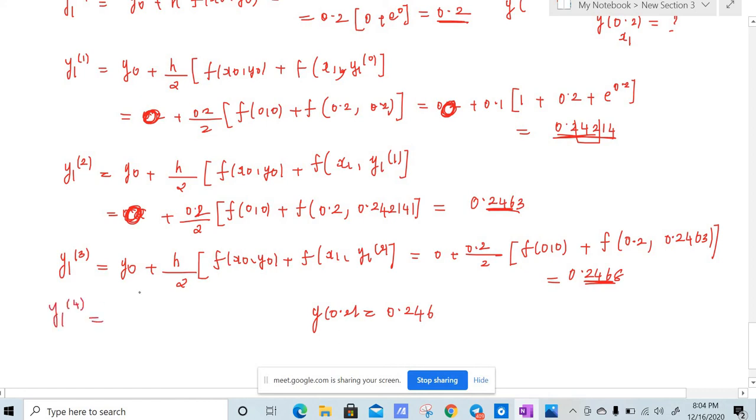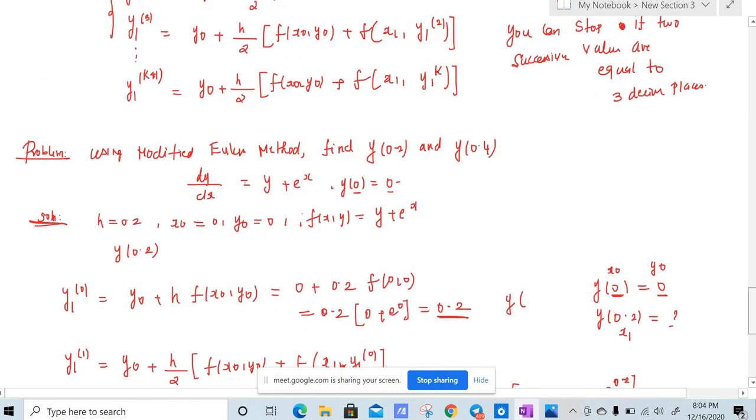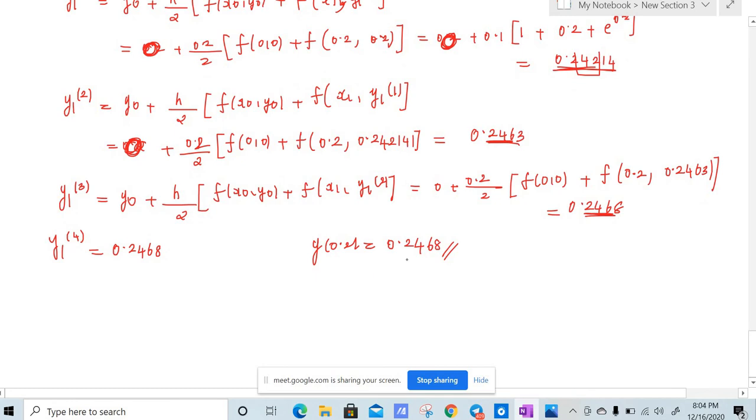So y1 of 4, you will get the answer as 0.2468. We need to find y of 0.2, so the answer will be 0.2468, right? So now I'll do one more problem, so it will make you more comfortable.